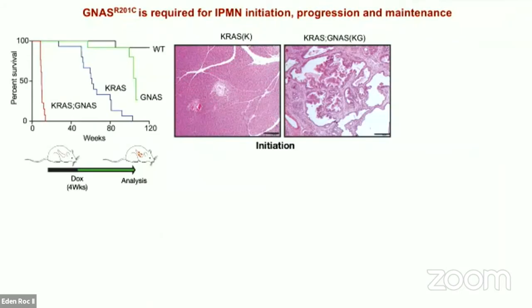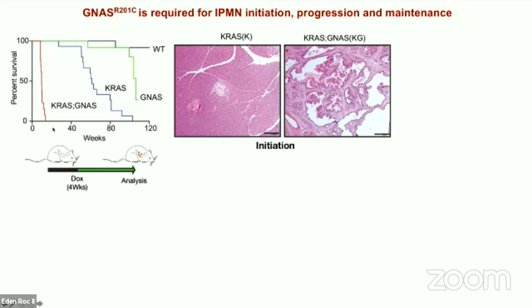First, we gave doxycycline to all three genetic models I mentioned in the previous slide at 4 weeks of age, and followed the tumor kinetics. As you can see, both KRAS and GNAS, when expressed alone, are very weakly oncogenic. But there is a profound synergy between KRAS and GNAS when they are co-expressed, and all of our animals died at 13 weeks of age due to the high burden of IPMN lesions.